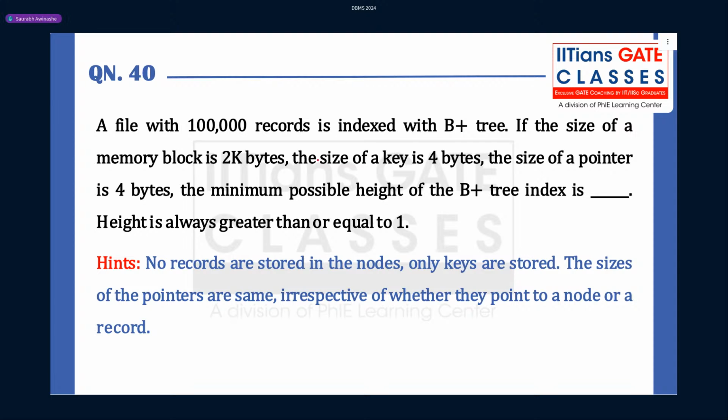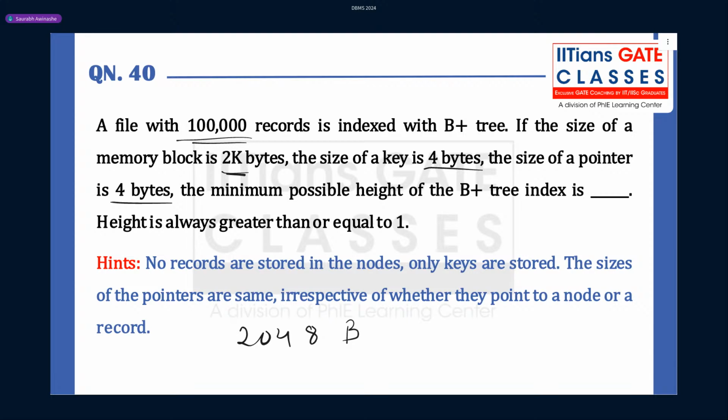We have a file that has 100,000 records, and we are creating an index in the form of a B plus tree. The block size is 2k bytes, that is 2048 bytes. The size of the key is 4 bytes. The size of the pointer is 4 bytes.